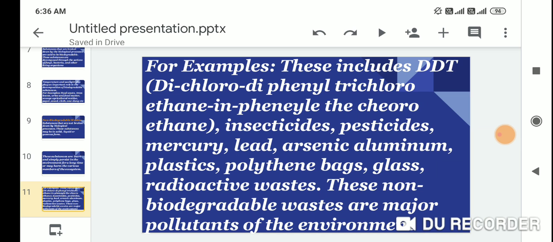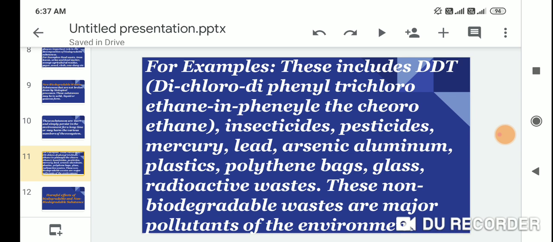Others include pesticides, mercury, lead, arsenic, aluminium, plastics, polythene bags, glass, and radioactive wastes. Non-biodegradable wastes are the major pollutants of the environment.